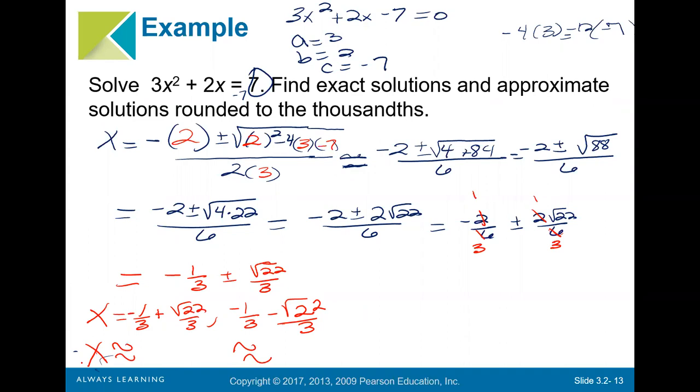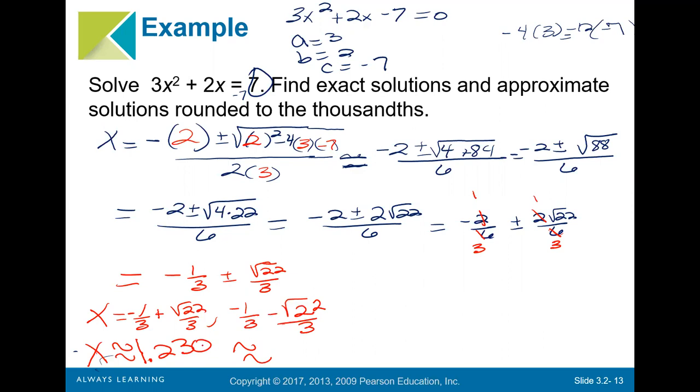I'm going to use my calculator because that root is going to be yucky. And it gives me to the nearest thousandths 1.230.